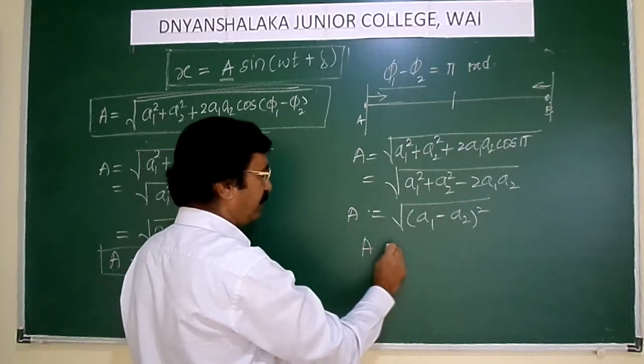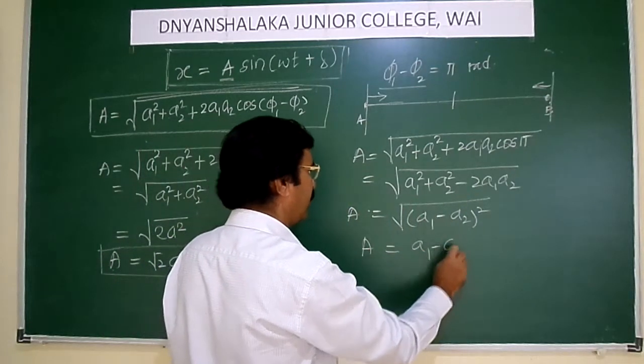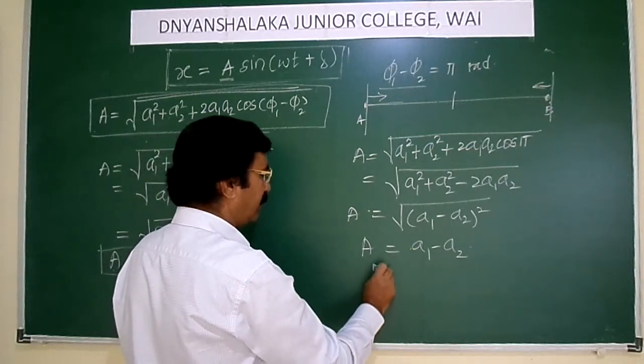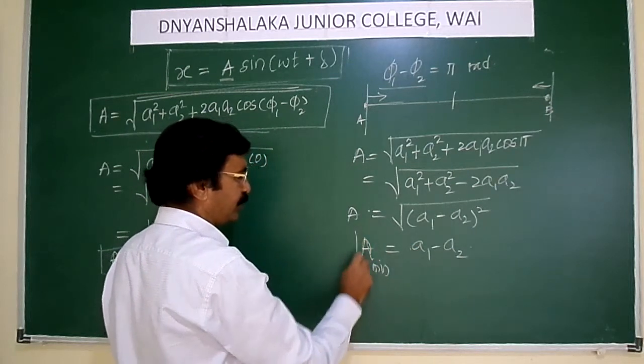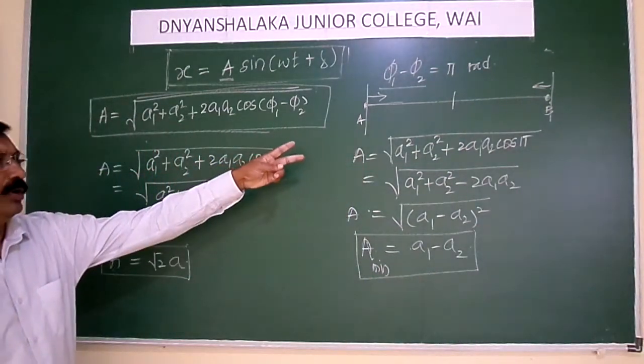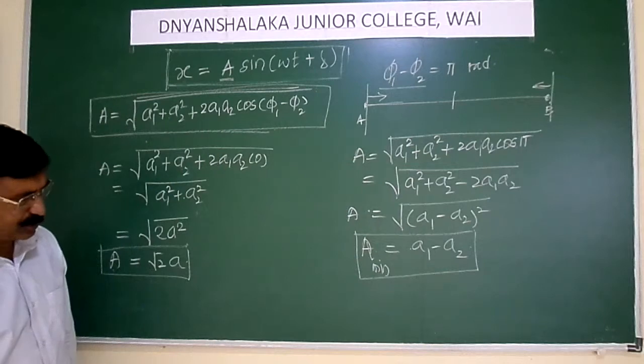So A will be equal to a1 minus a2. So this will be the minimum amplitude for such composition of two SHMs.